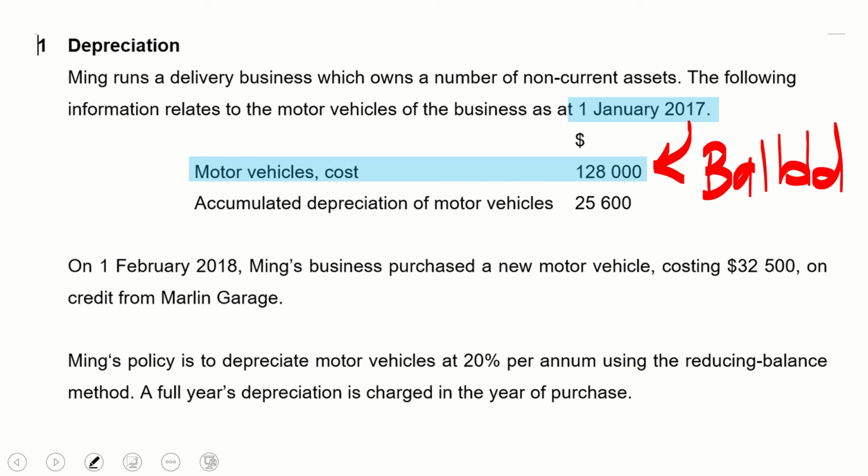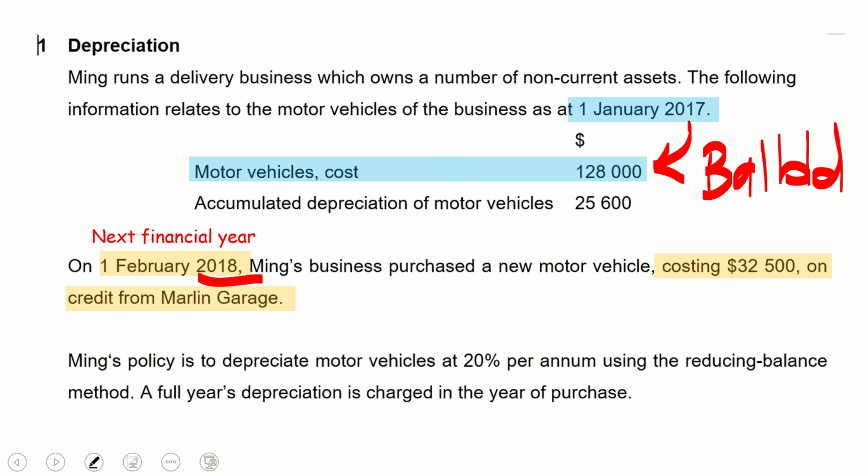This is the balance brought down on 1st of Jan 2017. They also tell you that in the next financial year, on 1st of February 2018, Ming bought a new motor vehicle on credit. So these two transactions happen in the motor vehicle account, but in two different financial years.